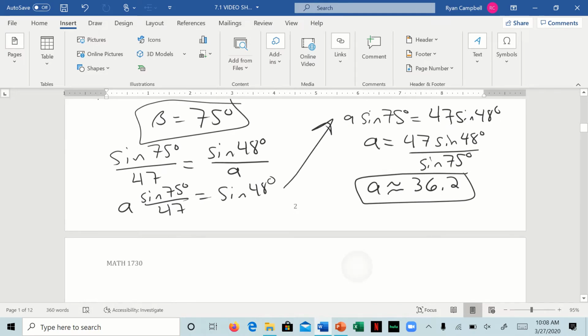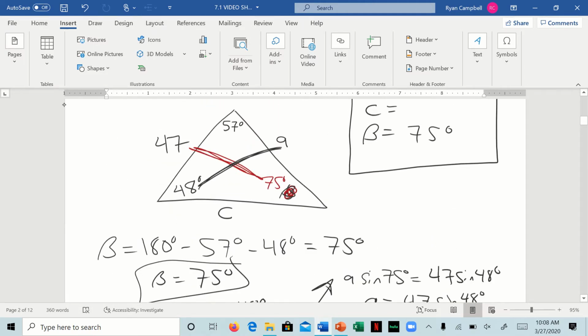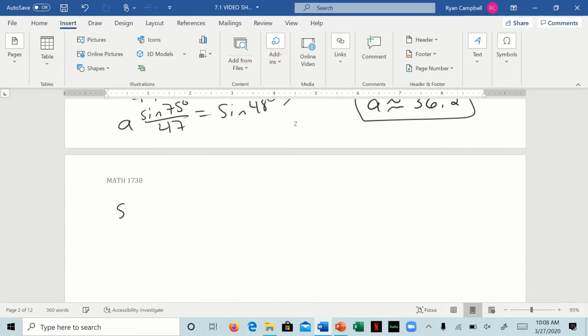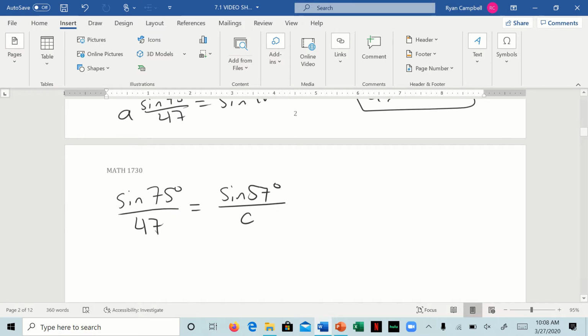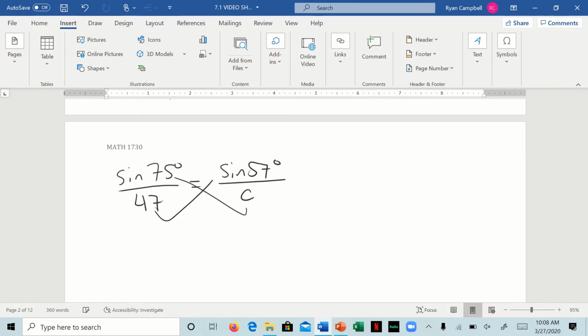And last, we just have to find C. C is going to be done in the exact same way that we just found A. So we do sine of 75 degrees over B, which was 47, equals sine of 57 degrees over C. So we could cross multiply. C times sine of 75 degrees is 47 times sine of 57 degrees.